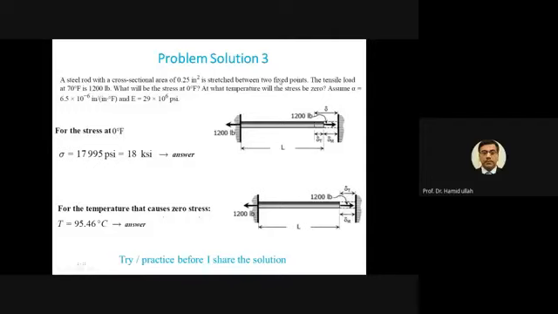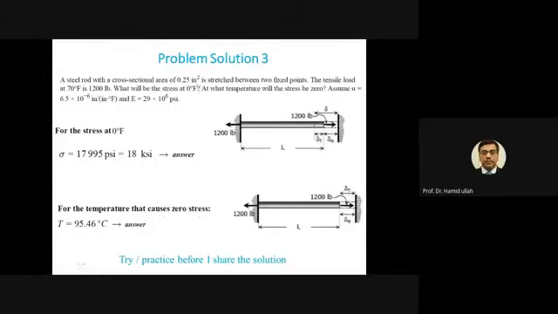Between the two fixed points, the tensile load at 70 degree F is 1200 pound. What is required? What will be the stress at 0 degree F? If you drop the temperature from 70 degree to 0 degree, the temperature is dropping, so the body will contract.